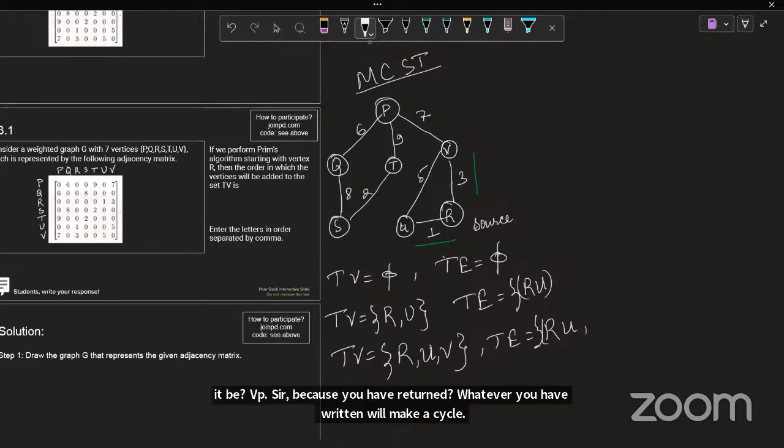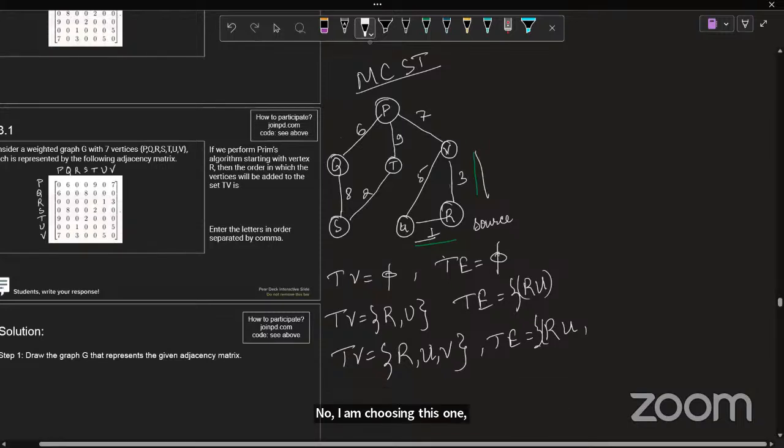No, I am choosing this one and this only. No, it won't create a cycle. This is our another vertex, V, and it is not creating any cycle.